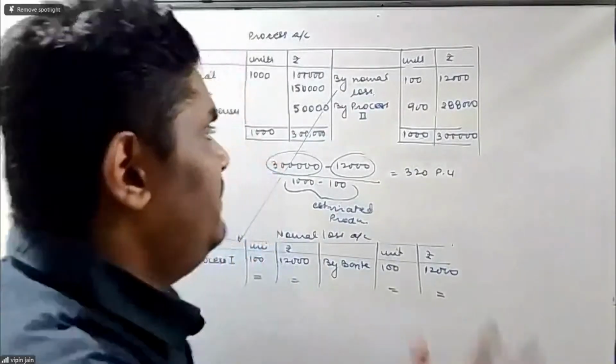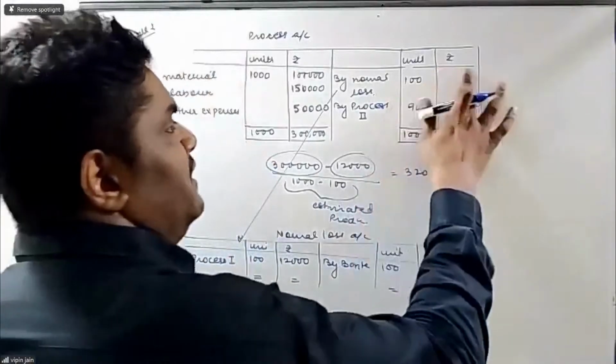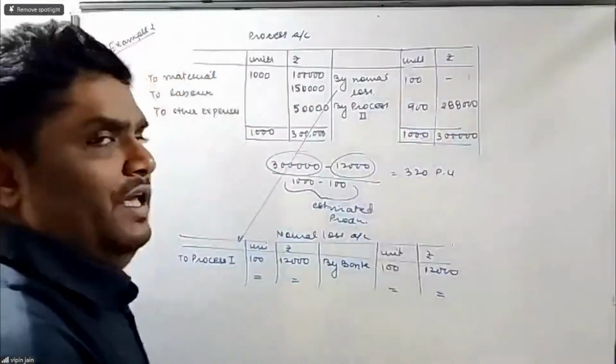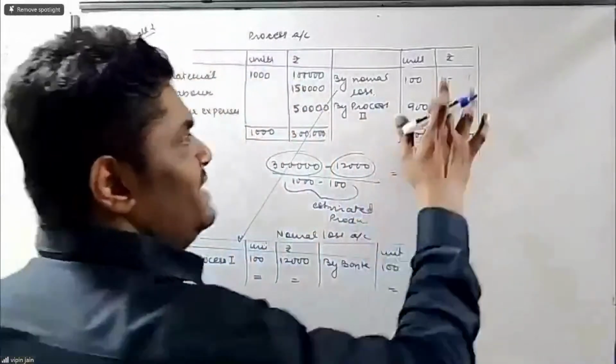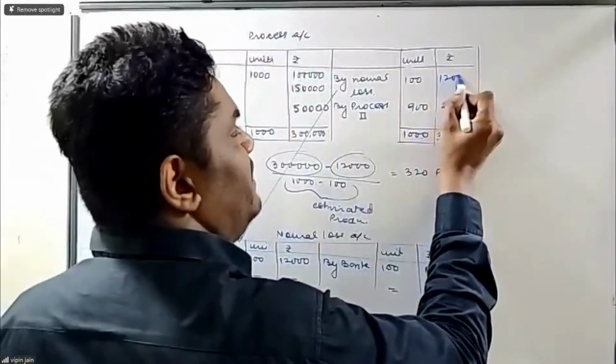Yes, Hardik. If no scrap value is given in the question, then this will be nil. If the scrap value is not given in the question, the value will be 0. But yes, the scrap value is given, so that's why I have written 12,000.